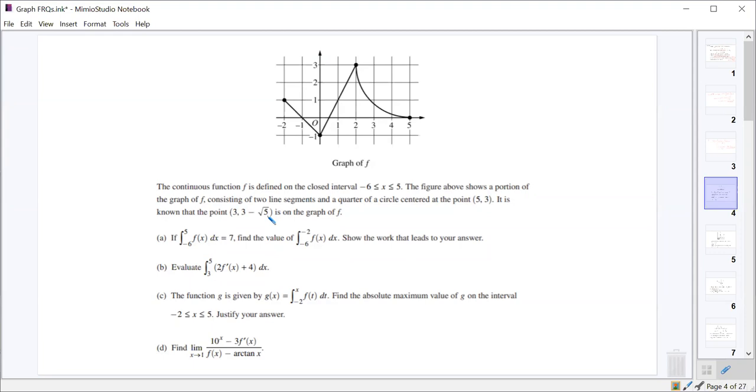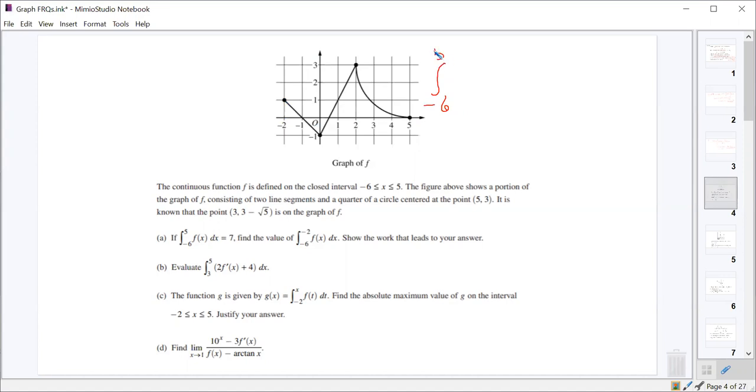All right. Part A. The integral from -6 to 5 of f of x is 7, right? We want to find the value of the integral from -6 to -2 of f. Since we have only the graph from -2 to 5, we need to set this up using some of those rules for integrals.